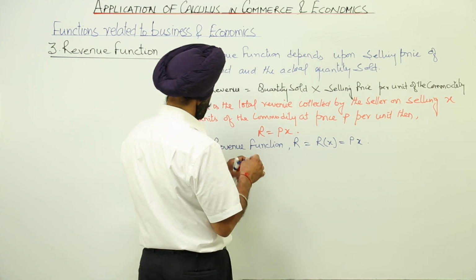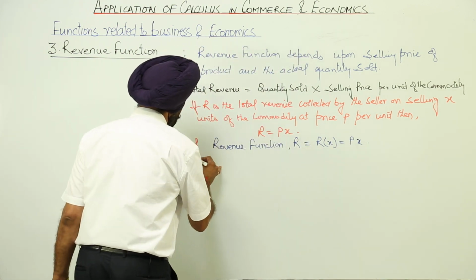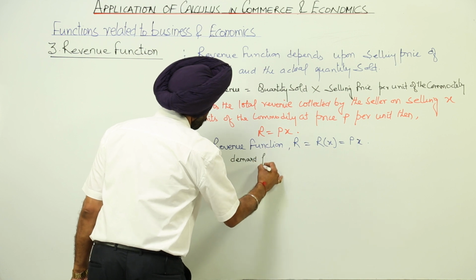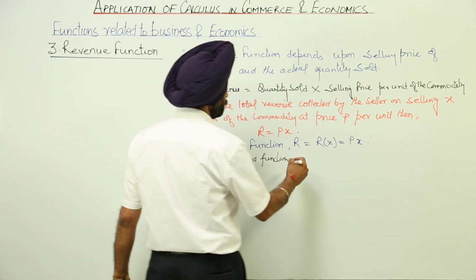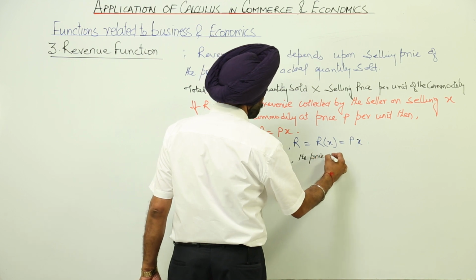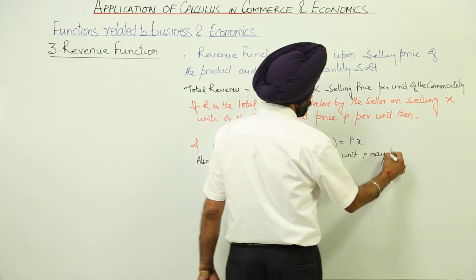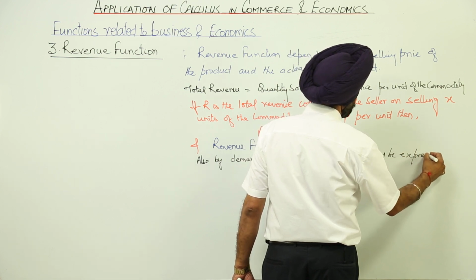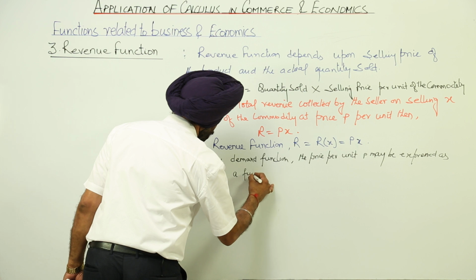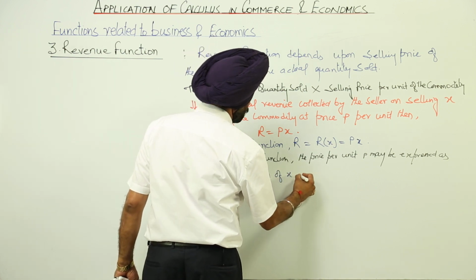Now, also by demand function the price per unit P may be expressed as a function of x.